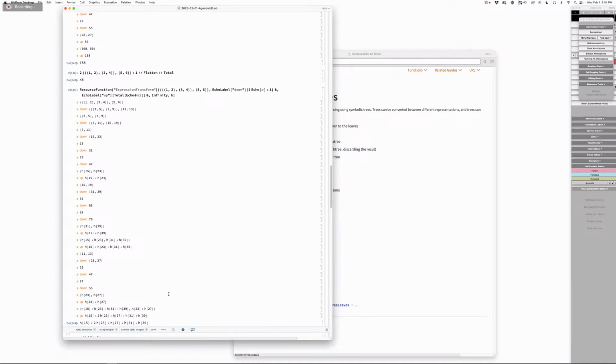It's the result of down after you have recursively applied expression transform to each of its subparts. Is Christopher following this? This seems pretty confusing. Yeah, it's still not entirely clear to me what #1 and #2 are.